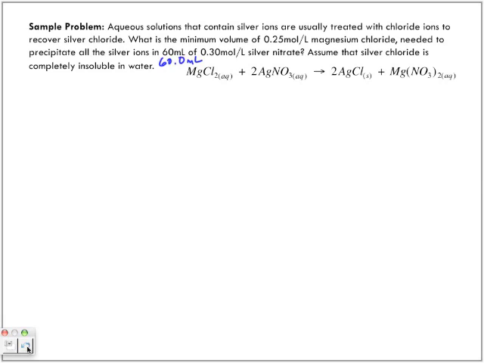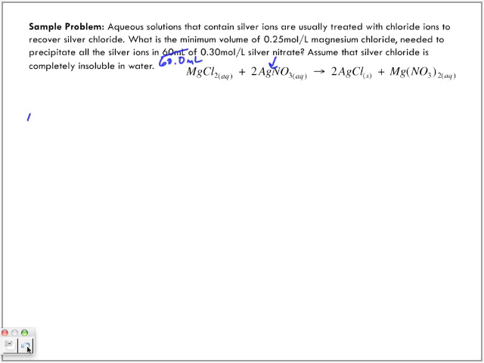We've got 60.0 milliliters of 0.30 moles per liter of silver nitrate. That's this one right here. So what we can do is use that to find the number of moles that we have of the silver nitrate.